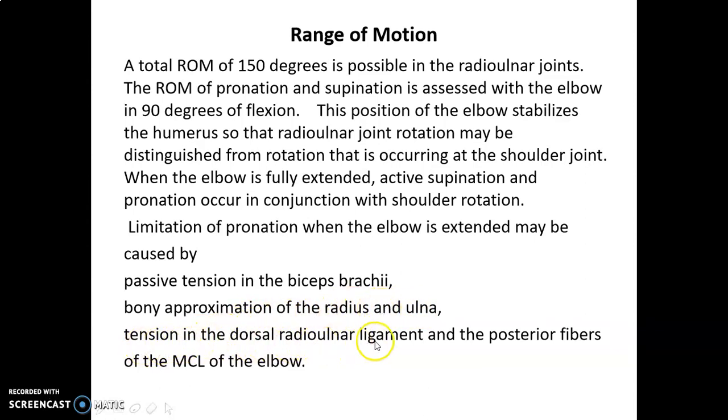And third, tension in the dorsal radioulnar ligament and the posterior fibers of the medial collateral ligament of the elbow. These last two give some kind of resistance to full pronation.